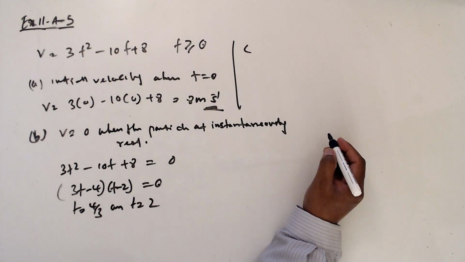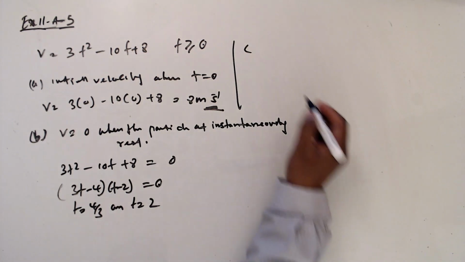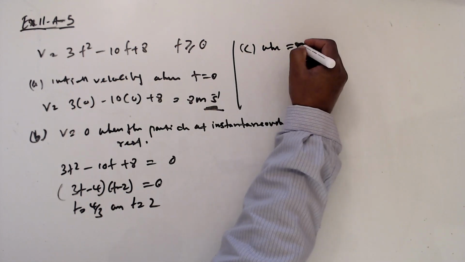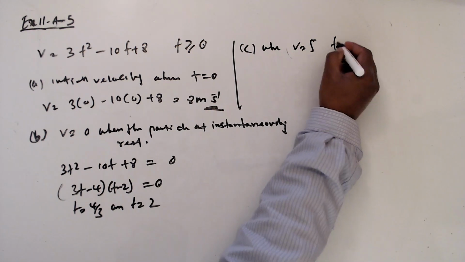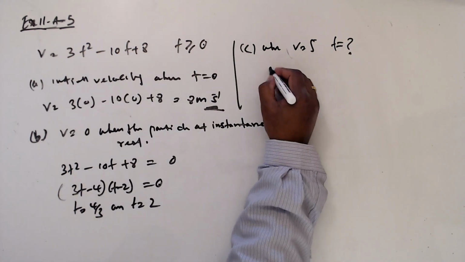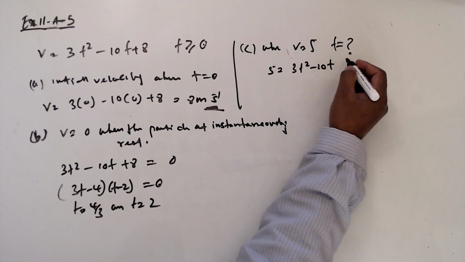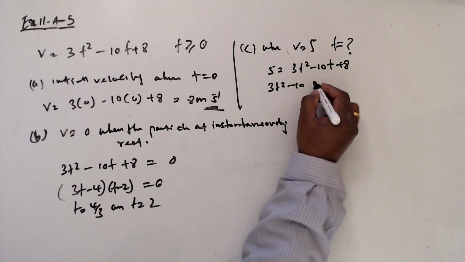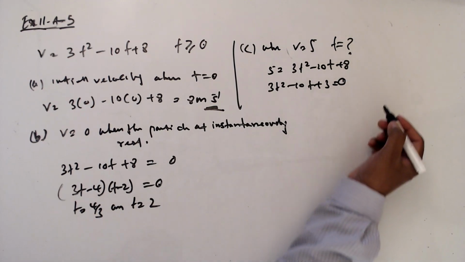Part C, the value of t when the velocity is 5. So when v equals 5, we need to find the time. So 5 equals 3t square minus 10t plus 8, then 3t square minus 10t plus 3 equals 0.